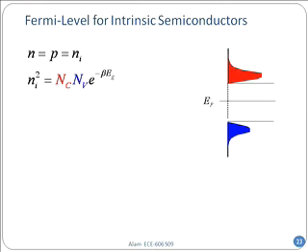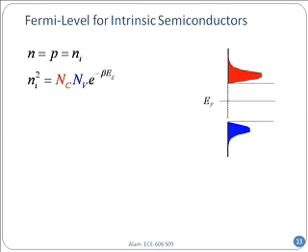Some of the electrons which are in the valence band now have jumped to the conduction band because there's more energy. So the number of electrons that I have is equal to the number of holes I have, because where will the holes come from? They are coming from the fact that some of the electrons have gone elsewhere, to the conduction band. So for an intrinsic semiconductor, I have N equals P, and I'll call that Ni, I for intrinsic.